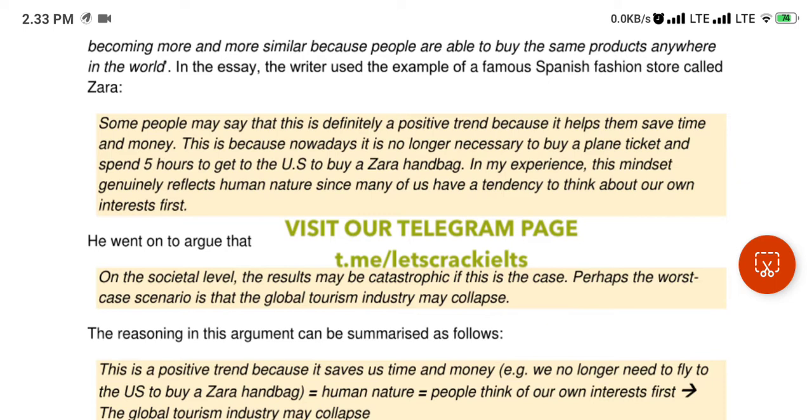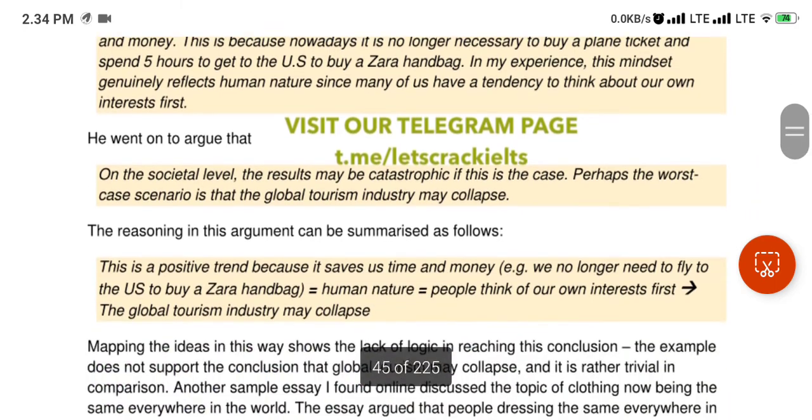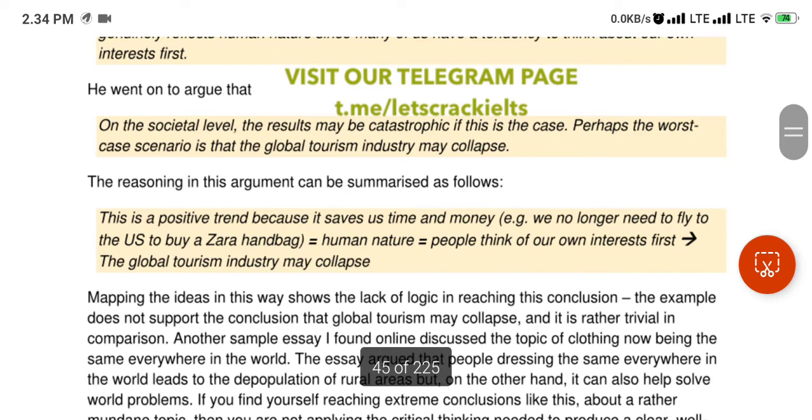In my experience, this mindset genuinely reflects human nature, since many of us have a tendency to think about our own interests first. He went on to argue that on the societal level, the results may be catastrophic if this is the case. Perhaps the worst case scenario is that the global tourism industry may collapse.